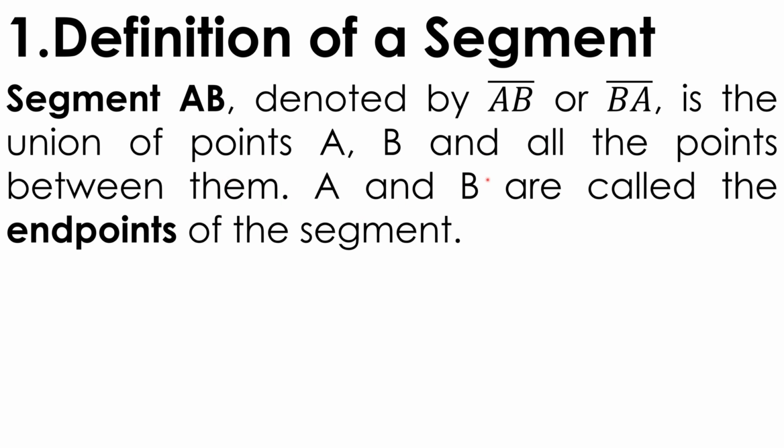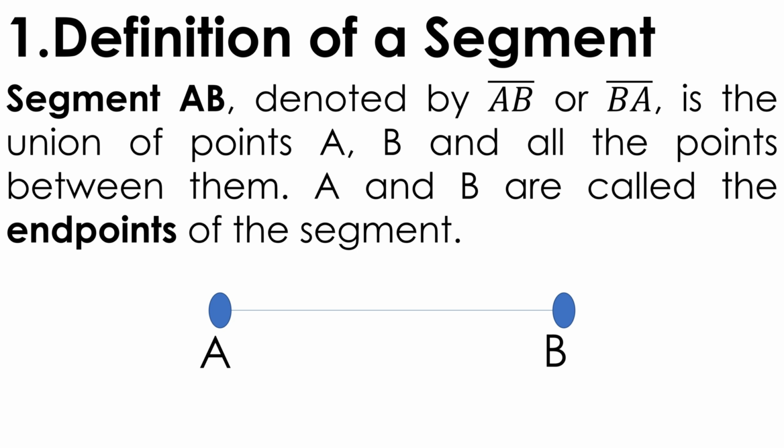A and B are called the endpoints of the segment. So we have here the endpoint A and the endpoint B. When you connect 2 points, this becomes a segment. So the point A is our first endpoint and the point B is our second endpoint.